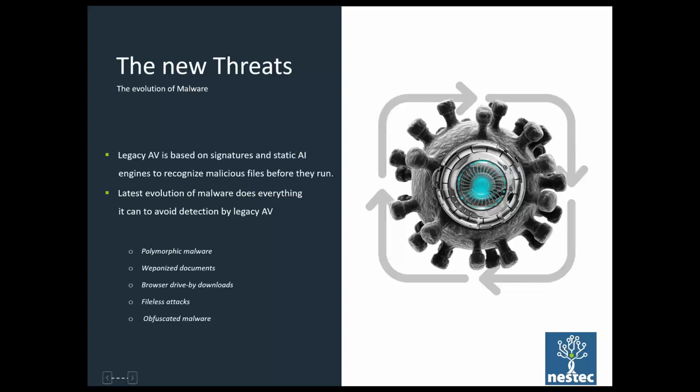Also, what's really interesting and dangerous is browser drive-by downloads and fileless attacks. As we already mentioned, current antivirus technologies use signatures to check whether a file is malicious or not. In order to do that, there has to be a file to start with.